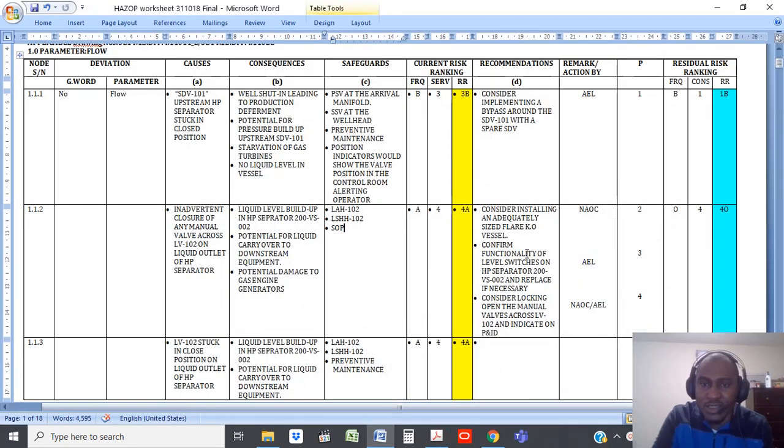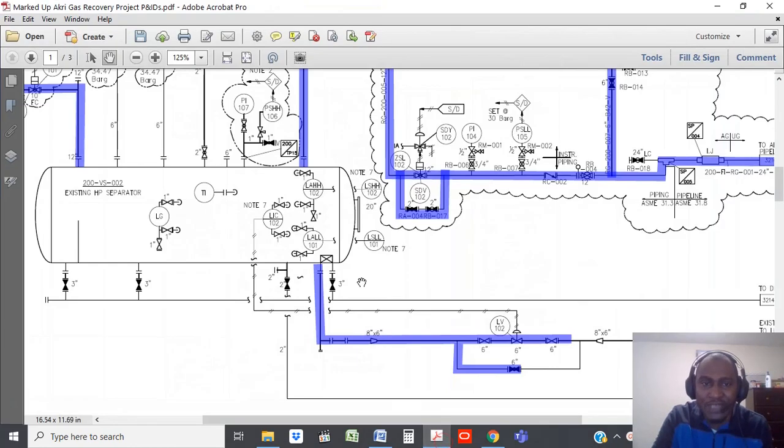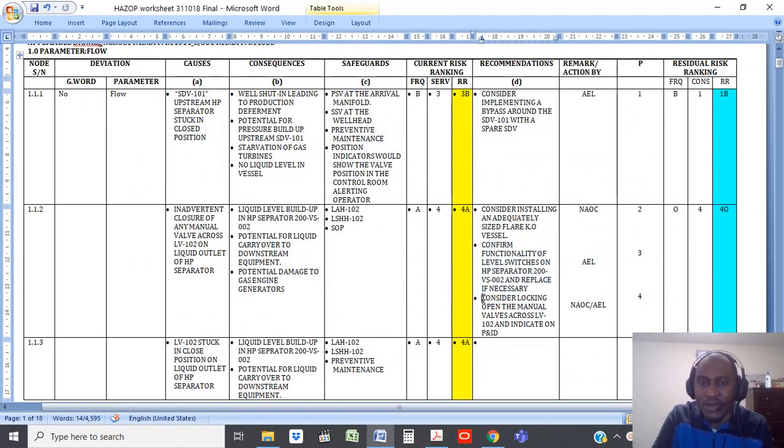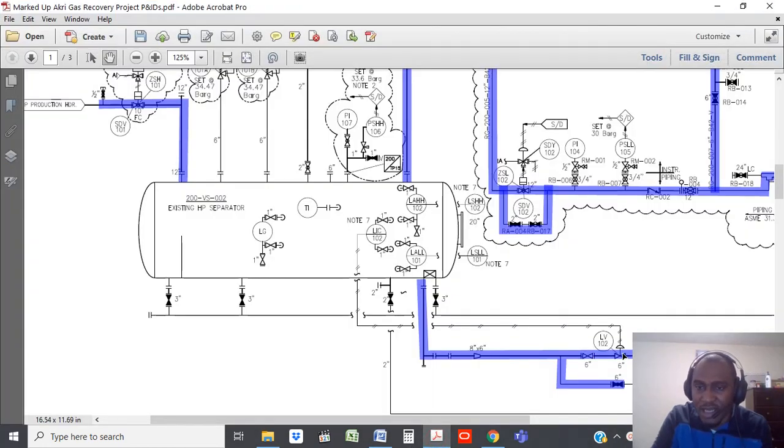Also confirm functionality of level switches on the HP separators, so that they are not closing the wrong SDVs. That's a recommendation. Also consider locking open the manual valves across the LV102.